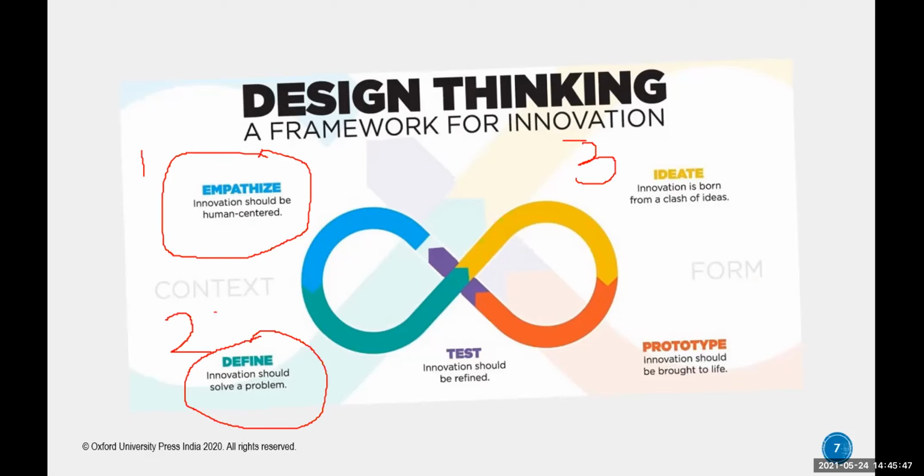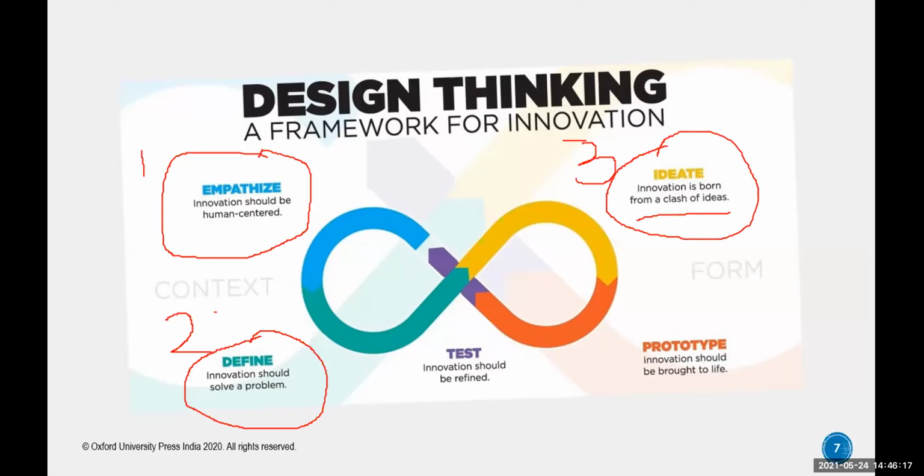Did you get it? Did you understand? Step number one, empathize. Step number two, define the problem. Number three, ideate upon the possible solutions. Okay. So innovation is born from a clash of ideas. So you have a lot of ideas. Don't try to shortlist an idea. It's a brainstorming on ideas, and keep on writing those ideas, keep making sketches, etc., and go back to the customer to discuss them.